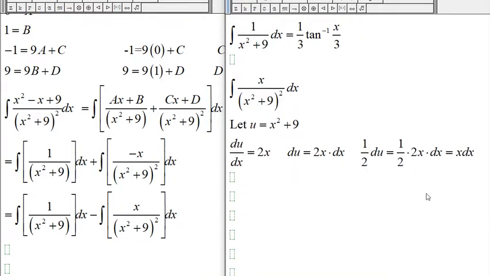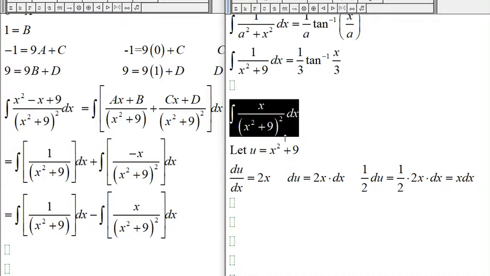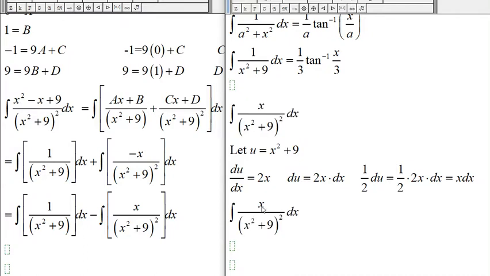And so now we're ready to make the substitution. So this is the same as this. This would be 1 over, now we let u be x squared plus 9, so this would be u squared.